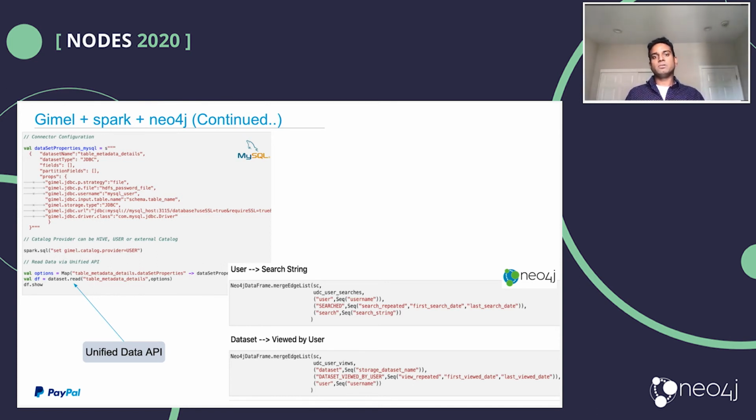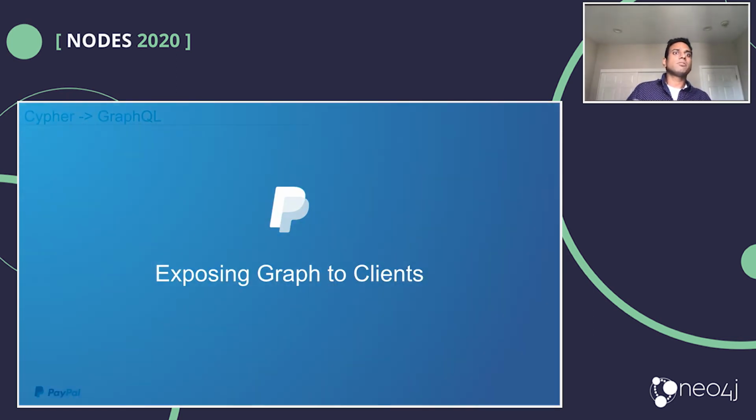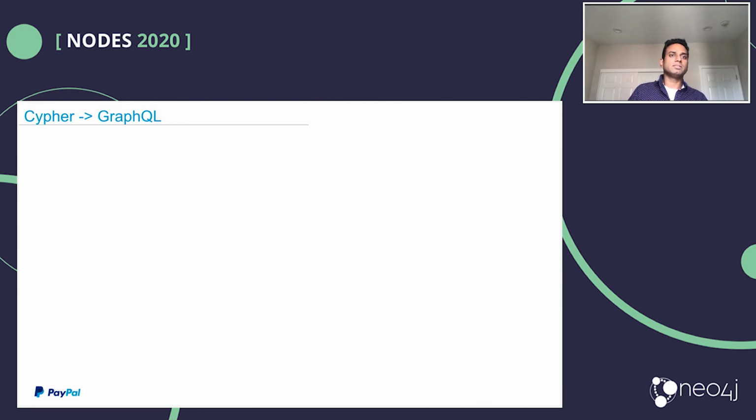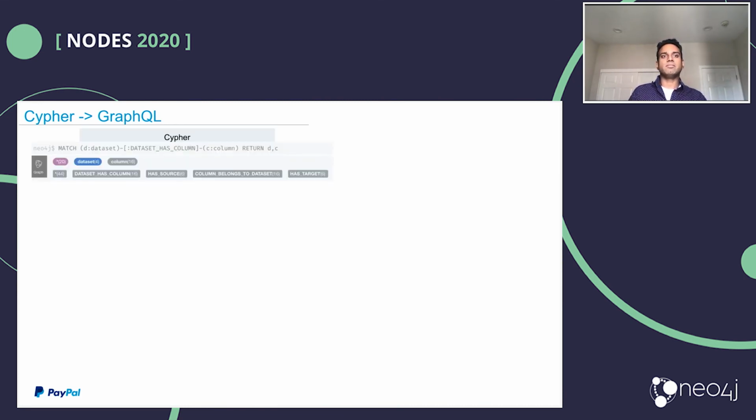Here, we are able to transform the graph from Spark's GraphX into Neo4j nodes and relationships. This is an example of how you could do that. And there are code snippets that we will be adding to our GitHub repo, which you can refer to in the future.